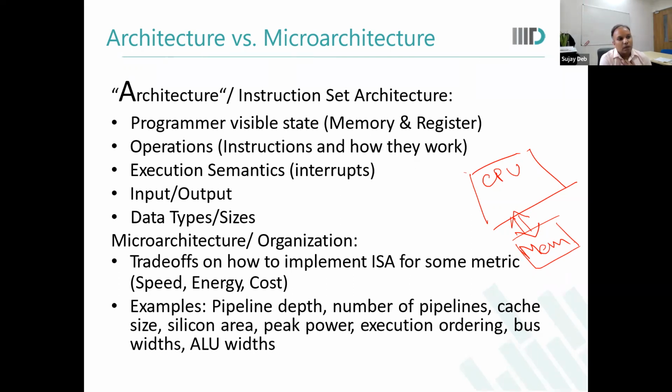Now it has been observed that every time you need to access memory, it is time consuming, and it also has significant overhead in terms of the amount of power you need to burn.